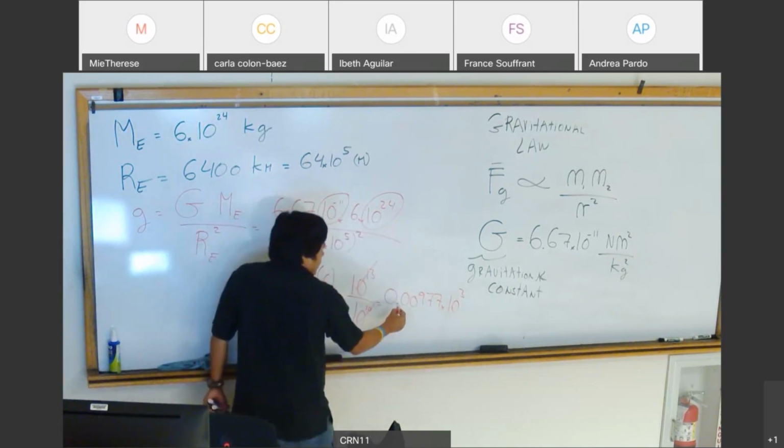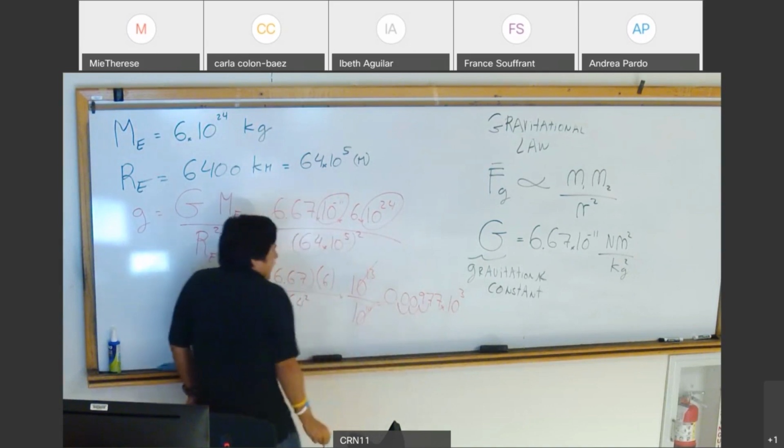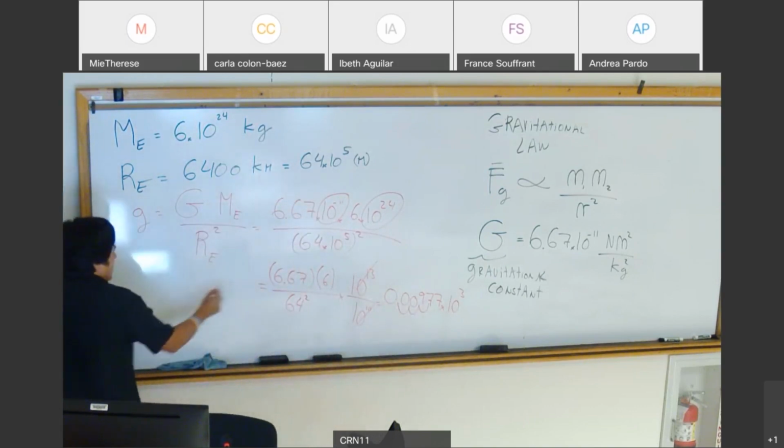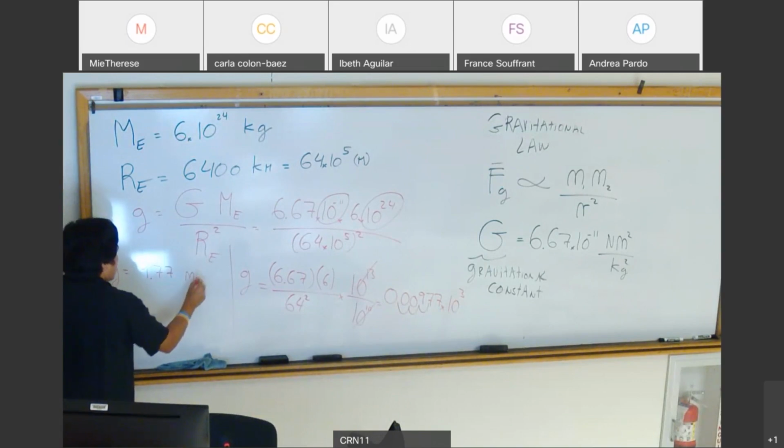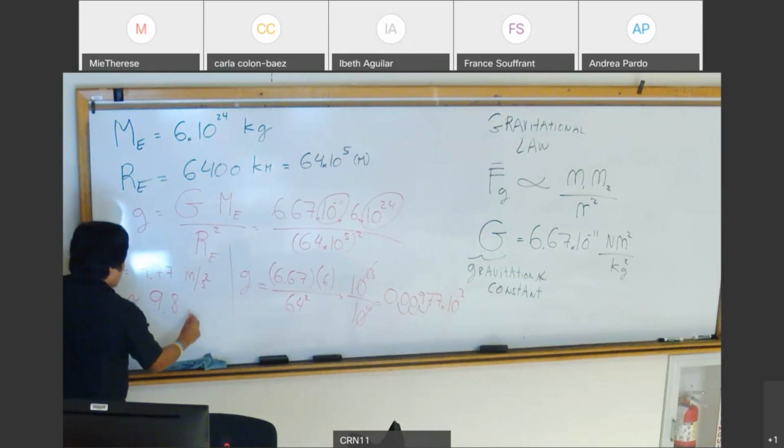If I move the zeros, 1, 2, 3, I get, for my gravity, 9.77 meters per second squared, which I can approximate as 9.8 meters per second squared. There you are.